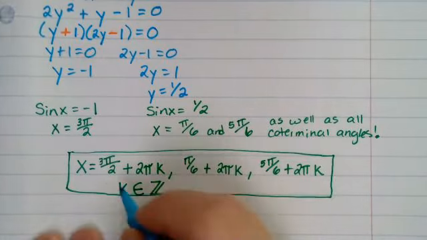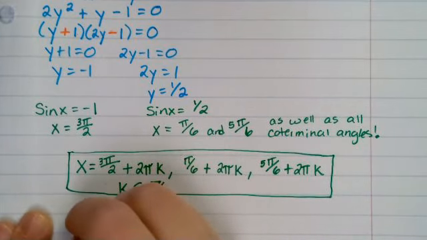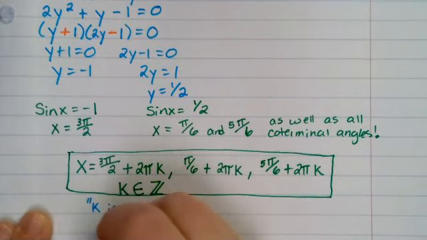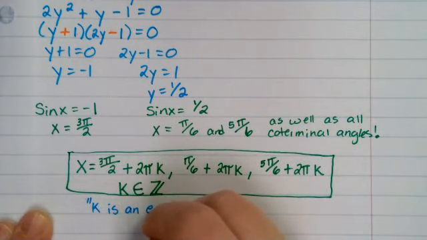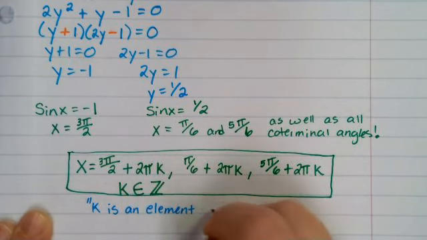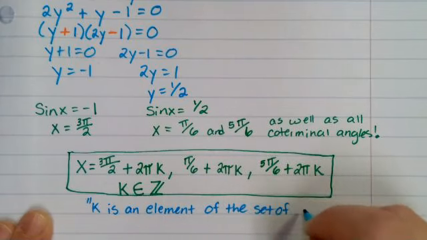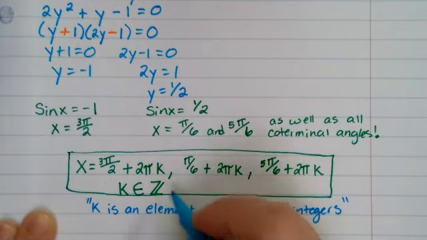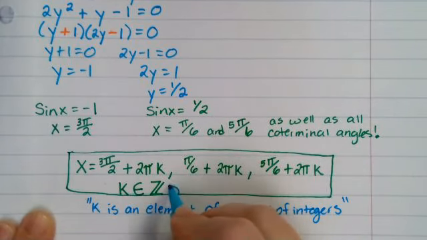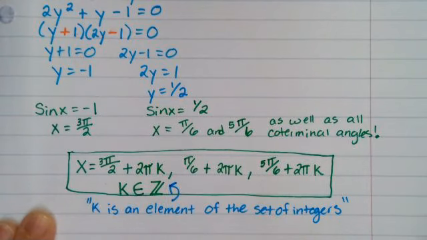So this says k is an element of the set of integers. That's what this stuff means right there. Z represents the set of integers.